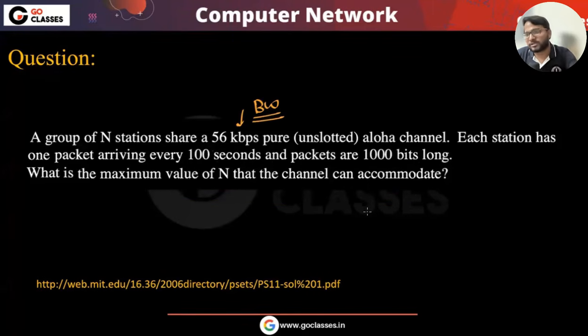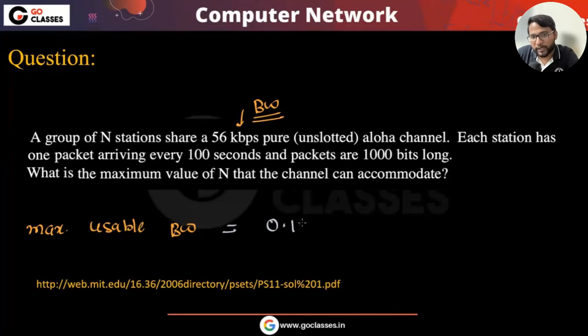So let's just try to understand this question. They are saying that you can have this much bandwidth. Now, what is the maximum throughput, the maximum usable bandwidth that you can have? In slotted, in unslotted, it is 0.18, right?